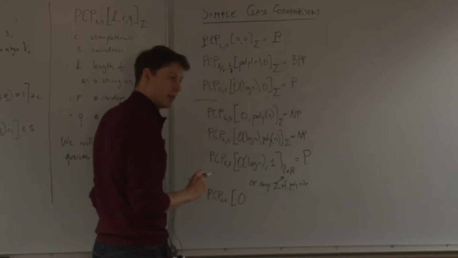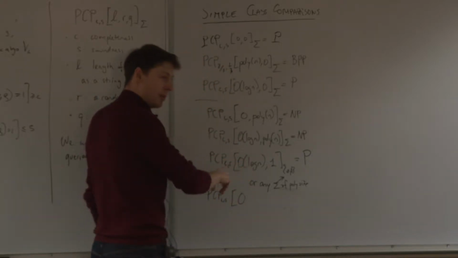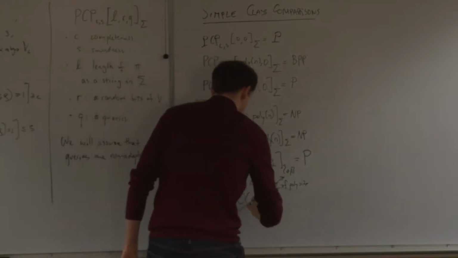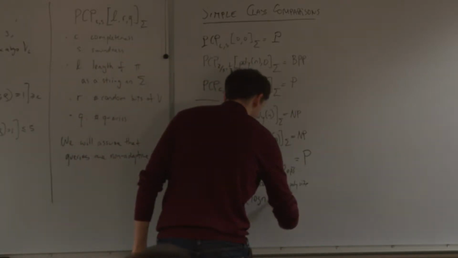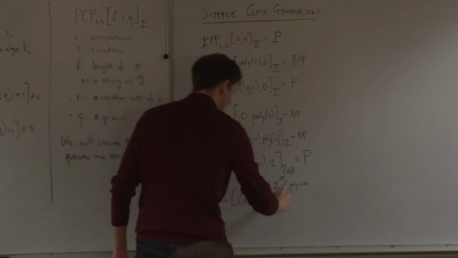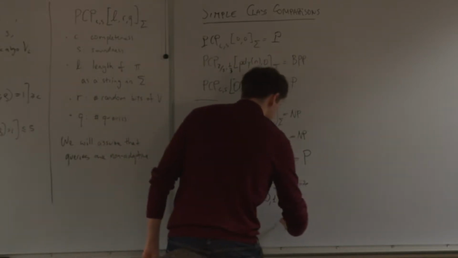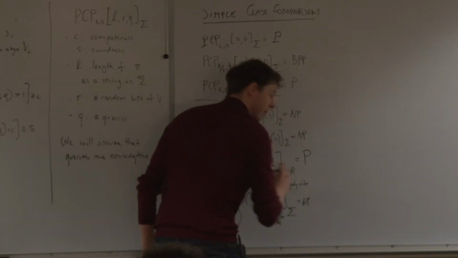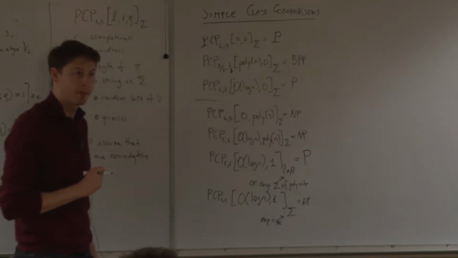The size of an element in sigma has size log sigma, which is logarithmic. So in particular, just to highlight it, if I put O(log n), 1, and then sigma has exponential size, then this is going to be NP, right?